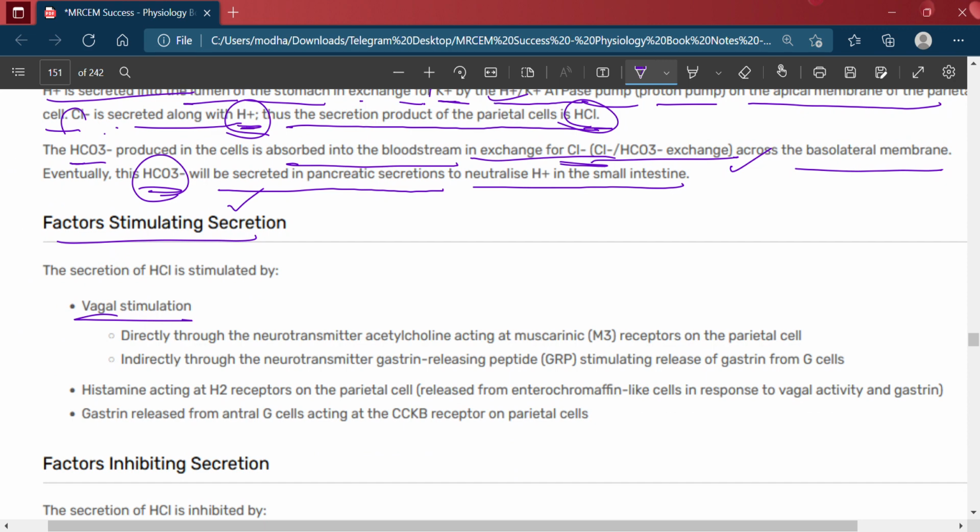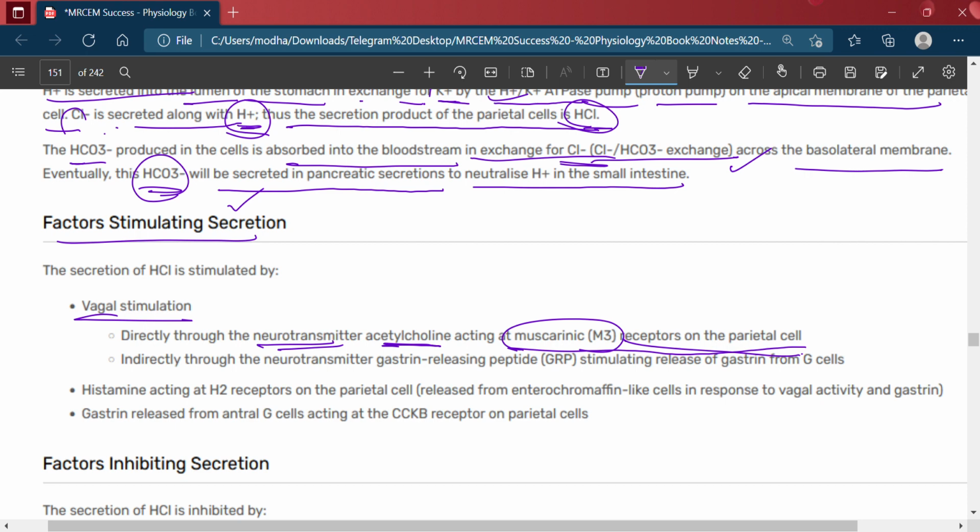Directly through the neurotransmitter acetylcholine acting at the muscarinic M3 receptor on the parietal cells.